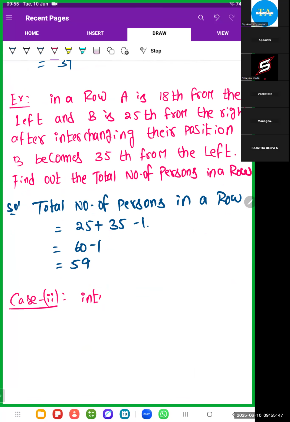Case 2: interchange top to bottom or bottom to top.